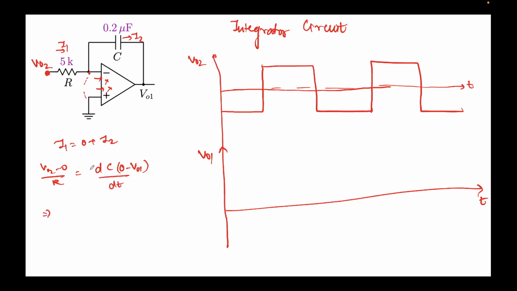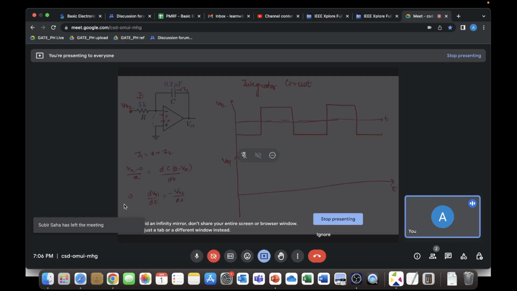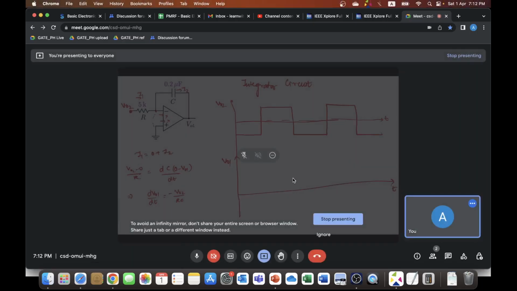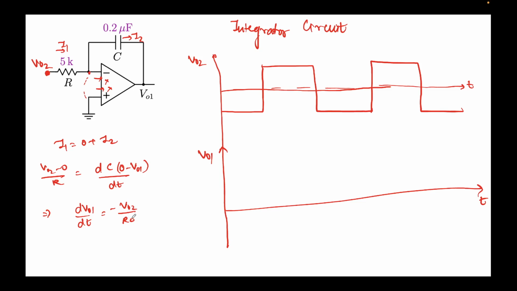If you solve, C is a constant which comes out, and the negative also comes out, so you will have dV01 over dt equal to minus V02 over RC. If you integrate it, V01 will be minus V02 over RC, integration of dt, plus some constant k. So that's why we call it an integrator circuit.